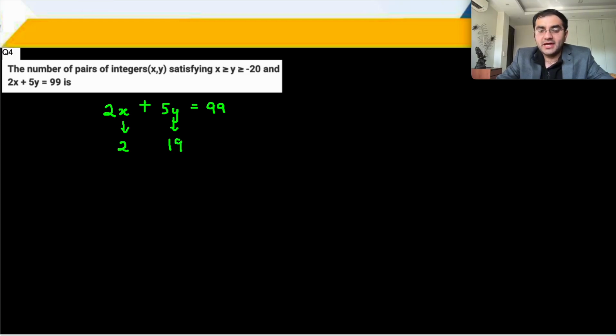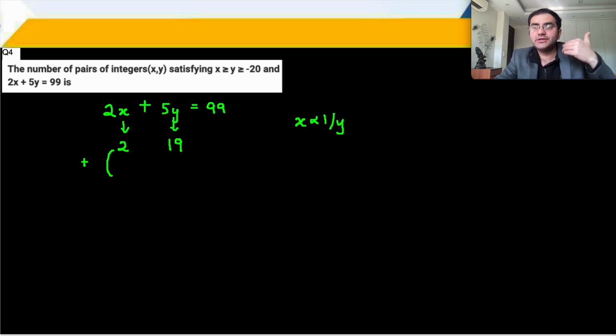Now I know that for this particular kind of equation, as covered before in the special equations concepts, ax plus by equal to c, x is inversely proportional to y, and over here x is currently not bigger than y, so I need to get to those values where x is bigger than y.